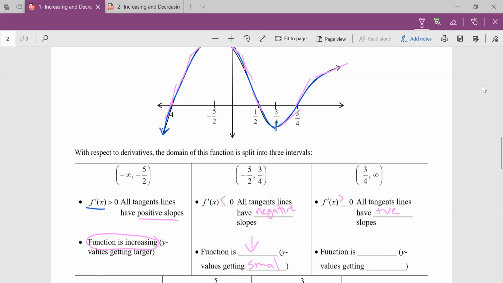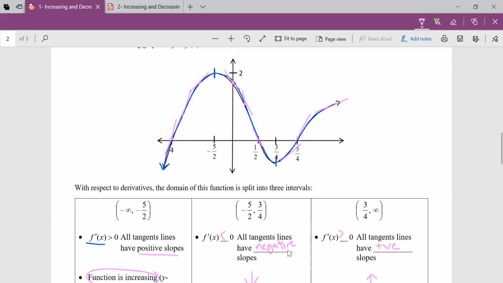And in our third interval, our derivative was greater than 0, so the function was increasing, and the y values are getting larger. So we can see why taking the derivative is going to help us figure out if a function is increasing or decreasing when we don't have the graph.